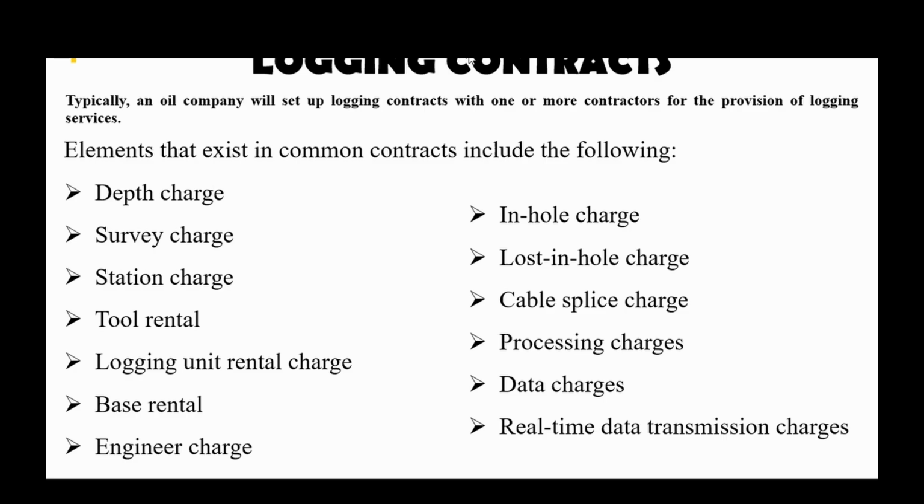How much they are going to charge for 100 meters, 200 meters, 300 meters, or up to TD, that is final depth, target depth, or total depth. For 2000 meters, 3000 meters, 5000 meters, what charge are they going to take?